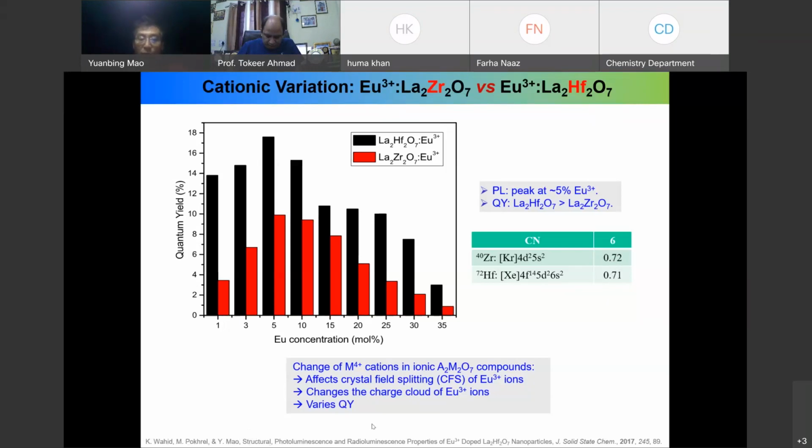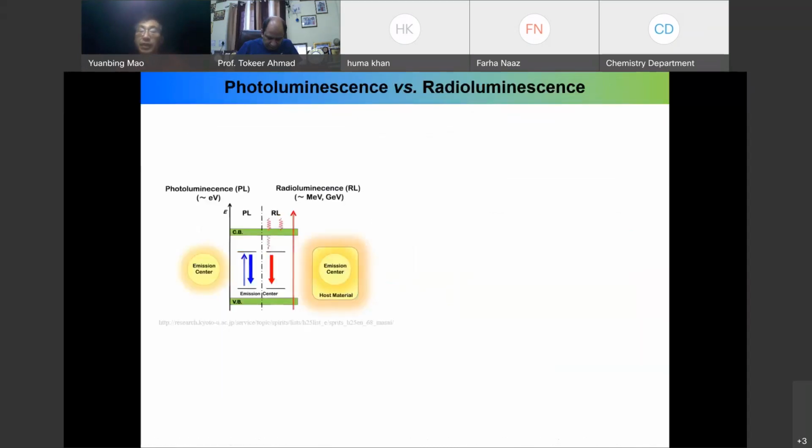Even though the size is quite similar, because of the extra electrons for hafnium 4+, that could affect the crystal field splitting of the europium 3+ ions, and because of the change of the charge cloud of the europium 3+ ions, that gave us different quantum yield. That's how these experimental results are explained.